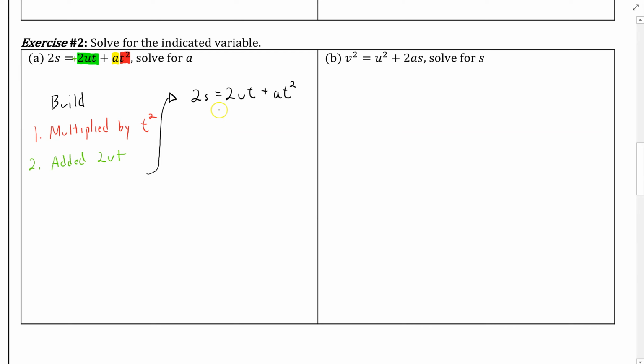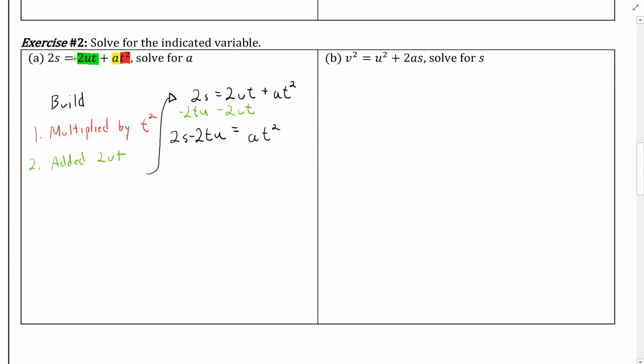And so I will subtract the 2ut from both sides. And so on the left-hand side, because the variables are different, I cannot combine them. So it is simply 2s minus 2tu. And on the right-hand side, the two ut's will cancel each other out, leaving me with at squared.